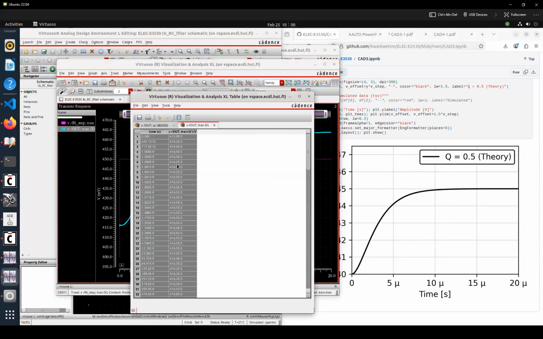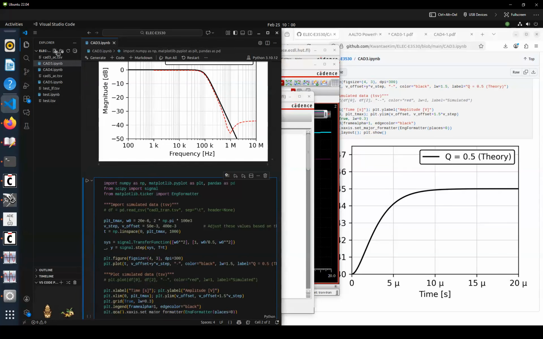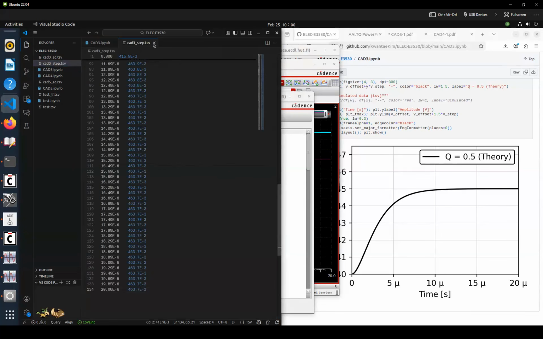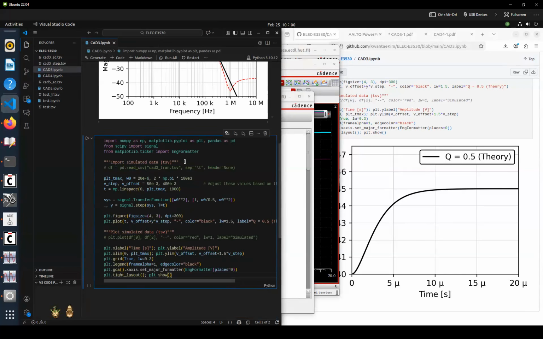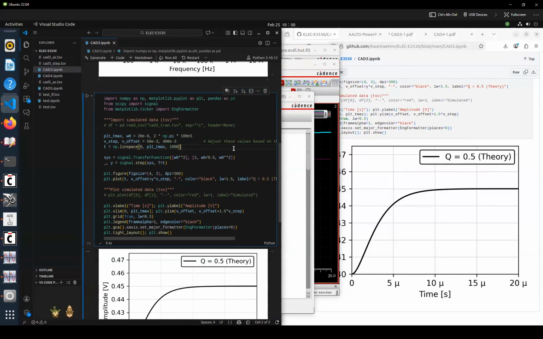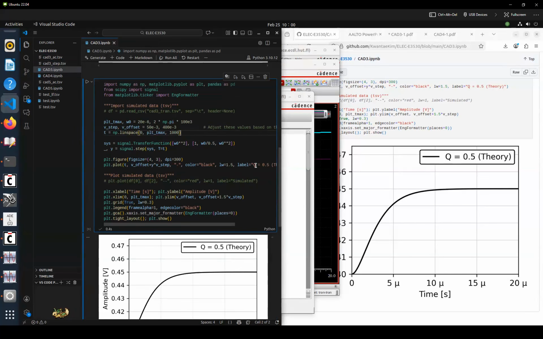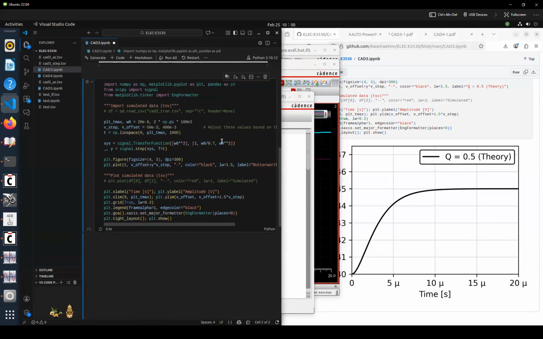So we can export this data. CD3 step ESP. Okay, so let's run the basic simulation first, with the Butterworth Q factor equal to 0.7.